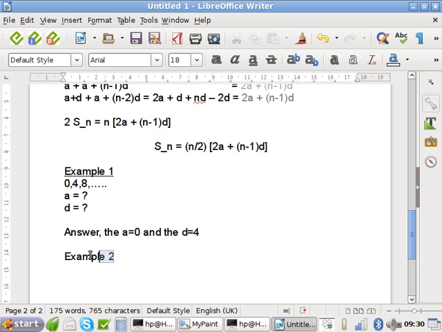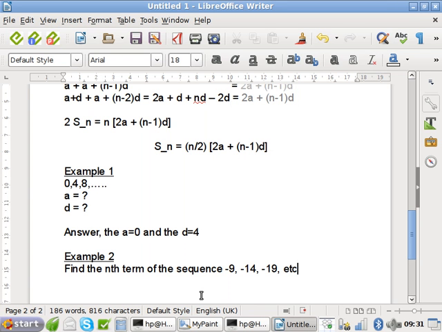Example 2. Find the nth term of the sequence minus 9, minus 14, minus 19, etc. Okay, so what I mean here is your answer will have n in it, because I'm not telling you what the n is.